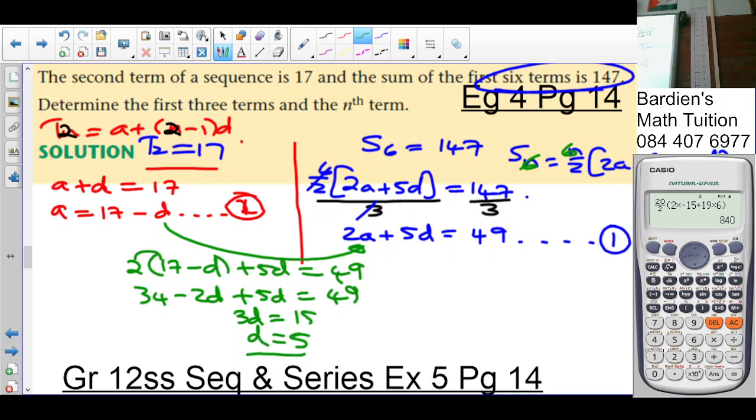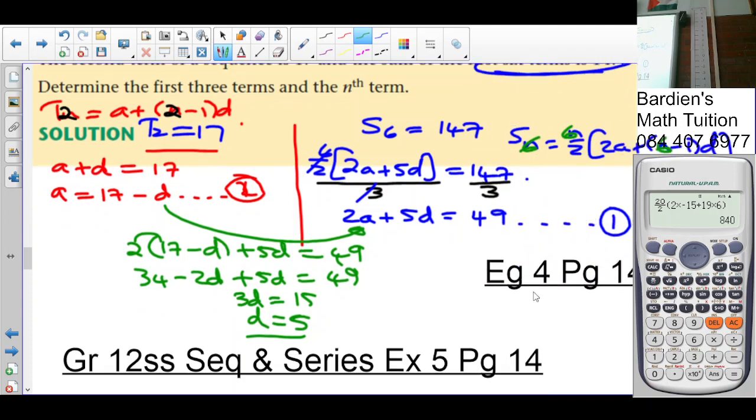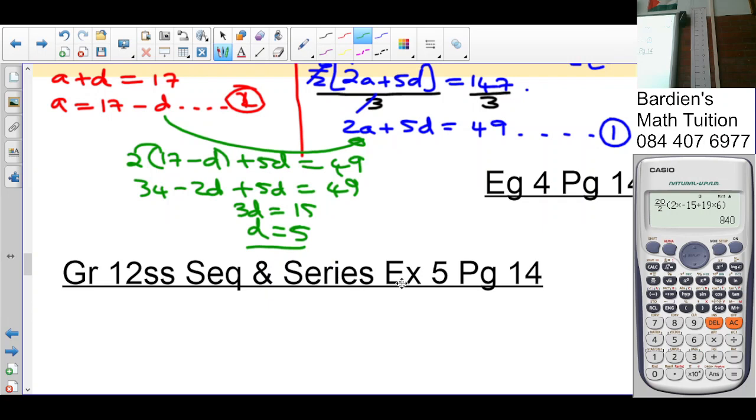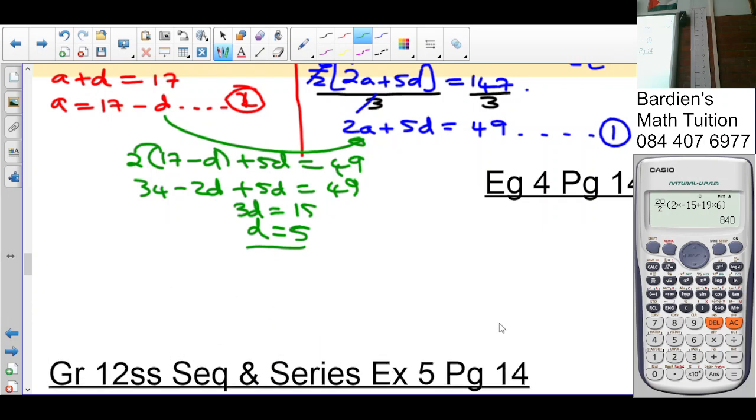Okay. Now what do we do? So now I still need to solve for a. So I'm going to substitute d is equal to 5 into equation 2. Why into that equation? Because already we have a to be the subject of the formula.